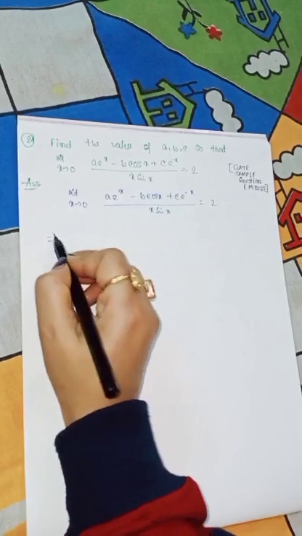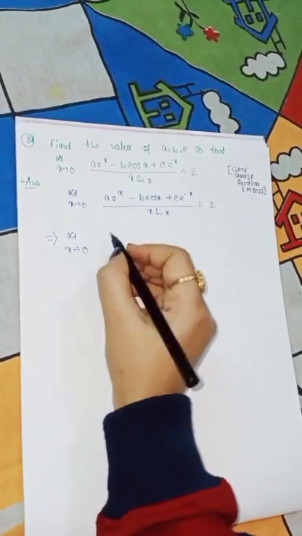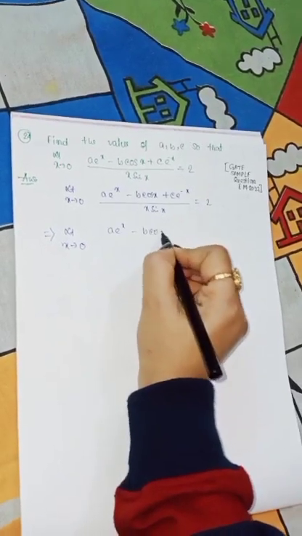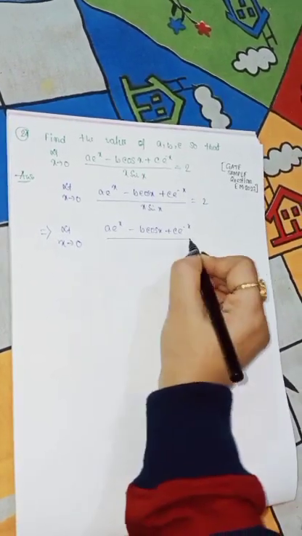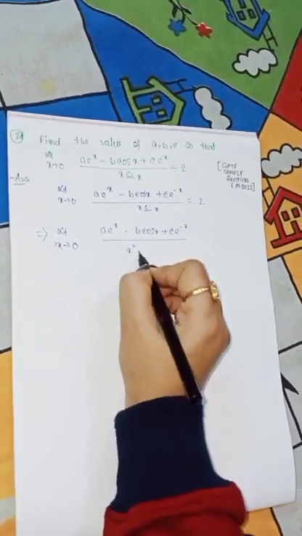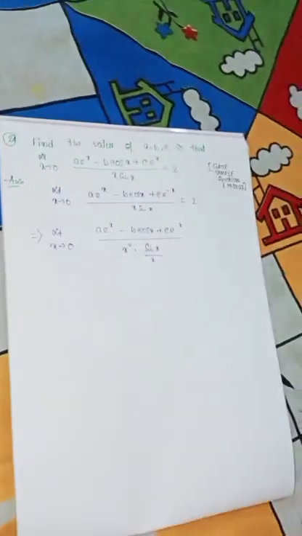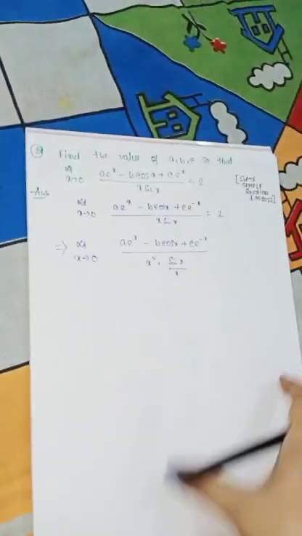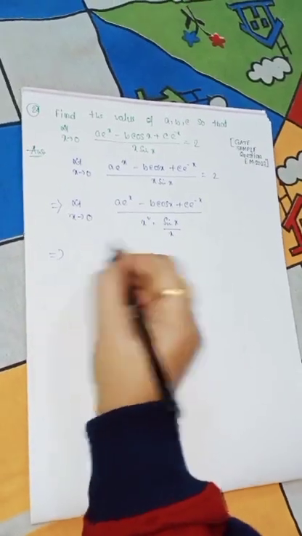Now for our calculation, limit x tends to 0 of (a into e to the power x minus b into cos x plus c into e to the power minus x) by x square times (sin x by x), simplifying the denominator.